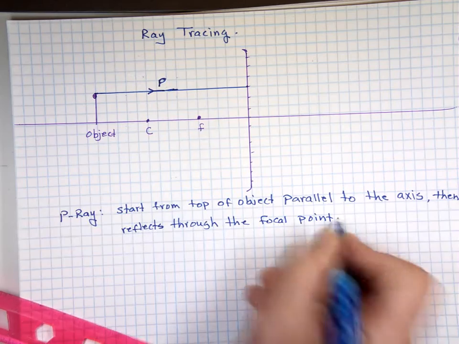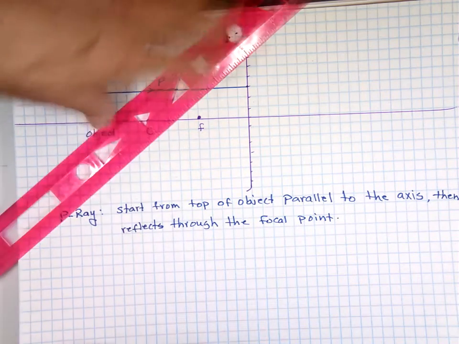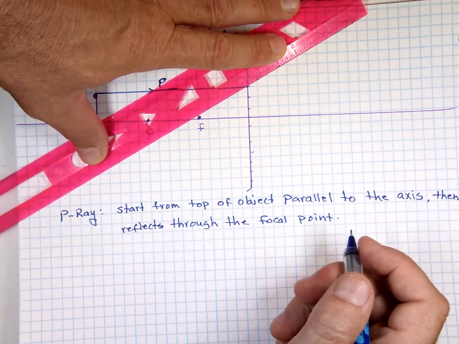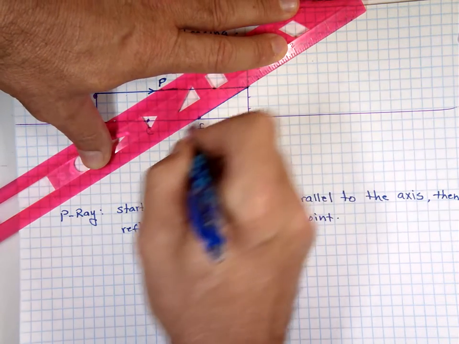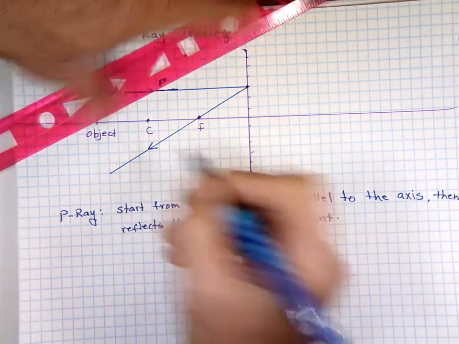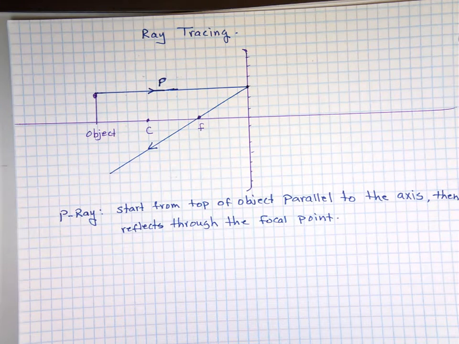So let's reflect this through the focal point. The reflection of this beam is going to go through the focal point. So that's the P ray. Done with it.